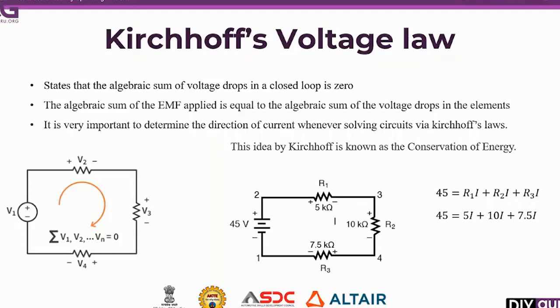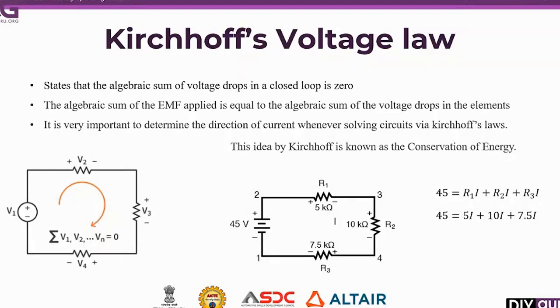Already we have studied that a resistor will dissipate energy in the form of loss, or you can say heat. So the algebraic sum of the voltage drops, that is V1 minus V2 minus V3, is equal to 0. Here one more resistor we have, V4. So the algebraic sum of all the voltage drops is equal to 0.